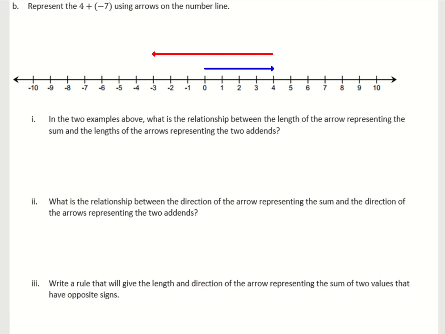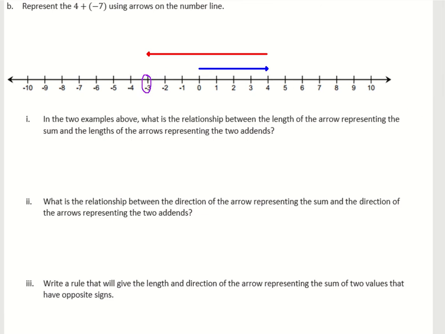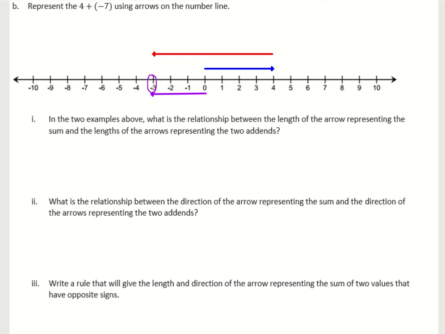Well, let's look at the length of the arrow that would represent this sum. Well, first of all, what's the sum? It ends at -3. And how long is an arrow that goes to -3 going to be? Oh, let's change that to purple. It's going to be 3 long to the left. So this arrow is 3 long.